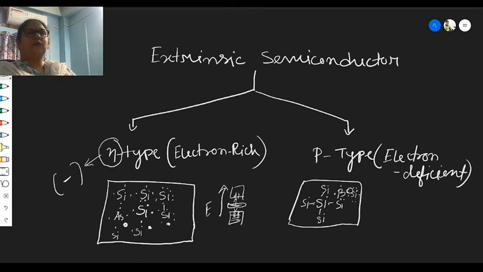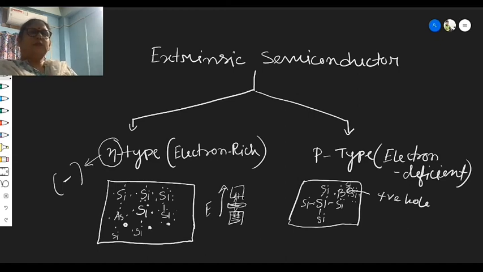There is no electron, though the boron is bonded with silicon. Since there is a smaller number of electrons here, we can consider there is a positive hole here.